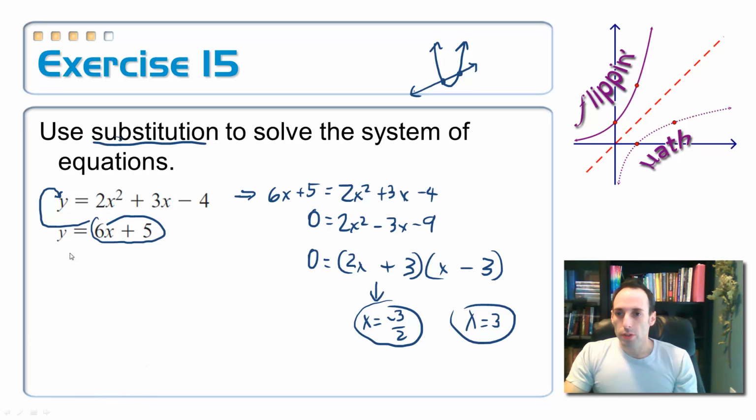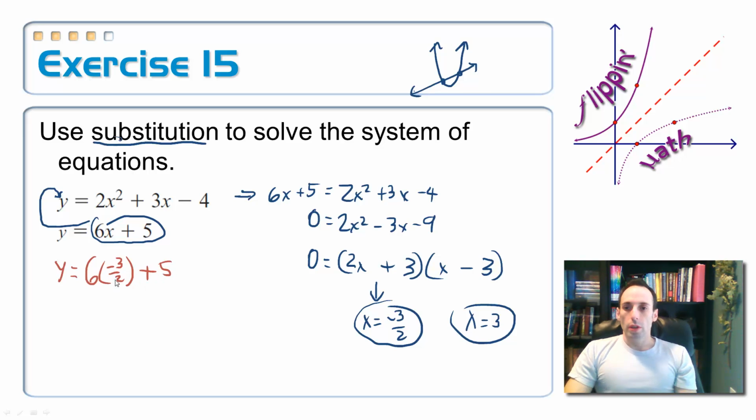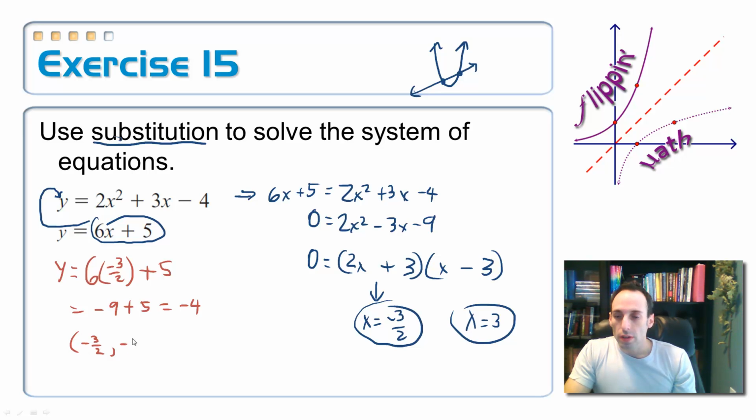Okay, so y equals, let's do the first one here, 6 times negative 3 halves plus 5. So do the dividing part first. 6 divided by 2 is 3, times negative 3 is negative 9, plus 5 is negative 4. So our first coordinate is negative 3 halves, negative 4.